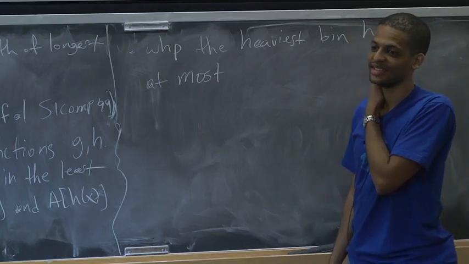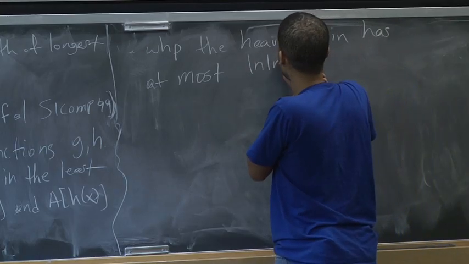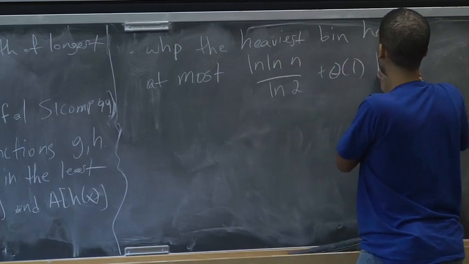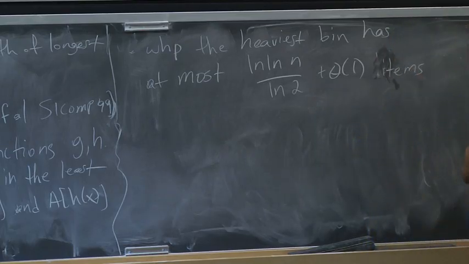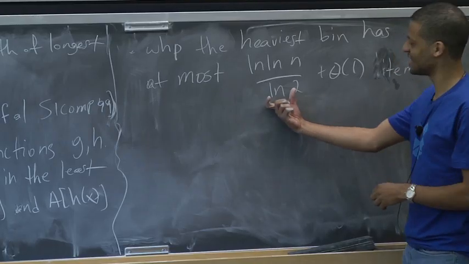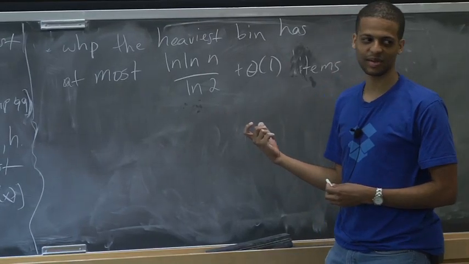Yes: ln ln n over ln 2 plus theta of 1 items. So in fact, it's very tightly concentrated around this number. With high probability, you'll be this number plus or minus a constant.